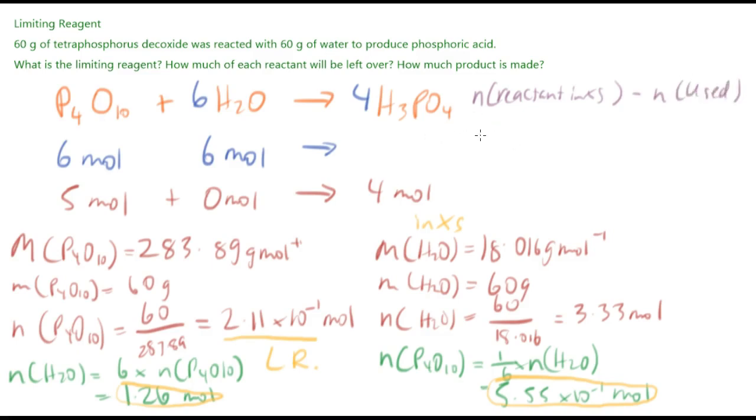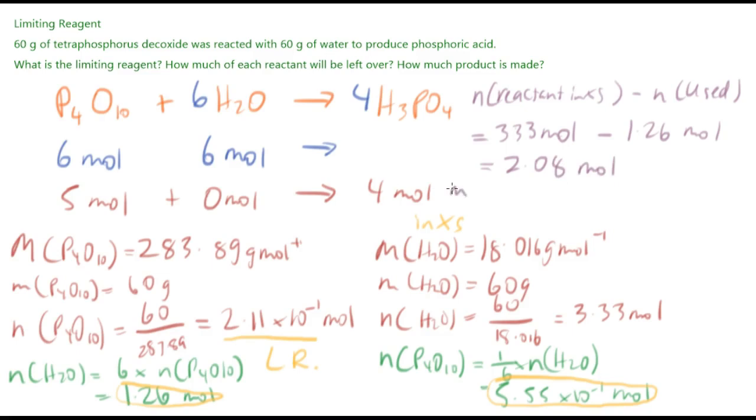The number of the reactant in excess we get from here, which is 3.33 moles, and the number used will be how much we'll actually need compared to how much P4O10 we have, which is 1.26 moles. So whatever's left over is how much water we have left, which is around about 2.08 moles.